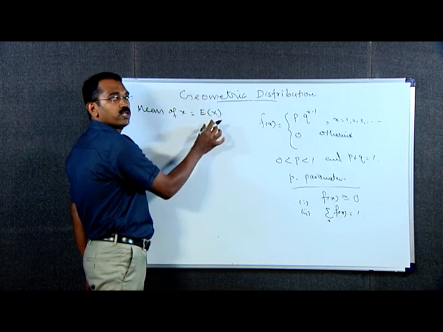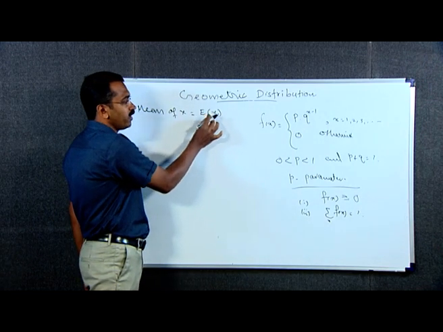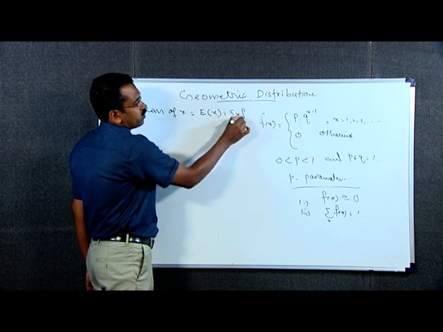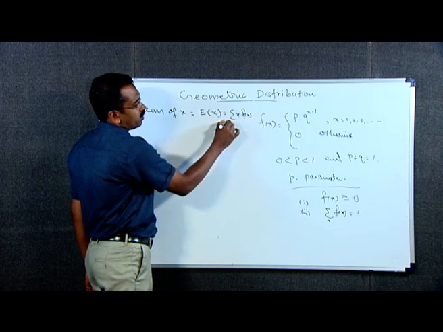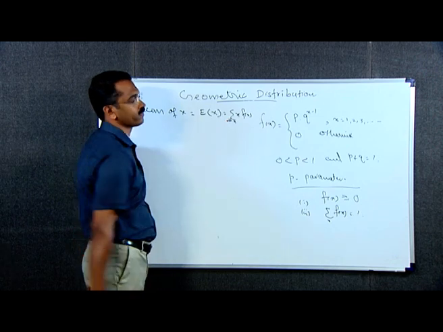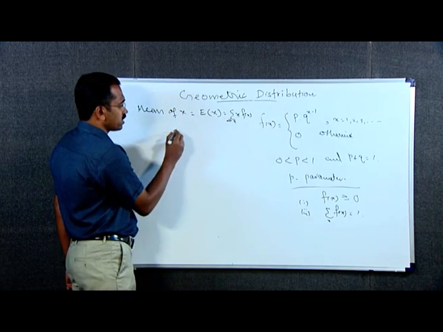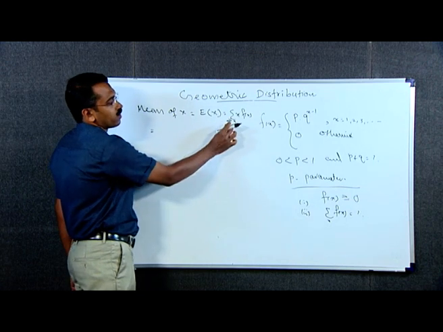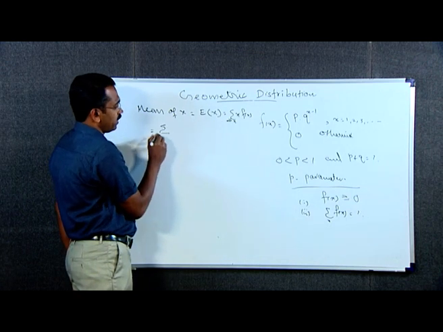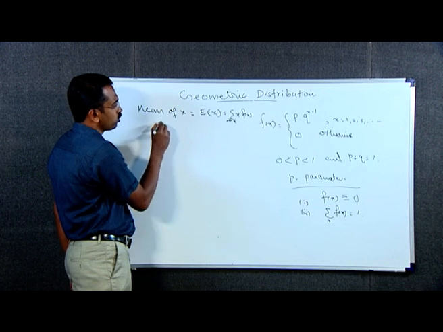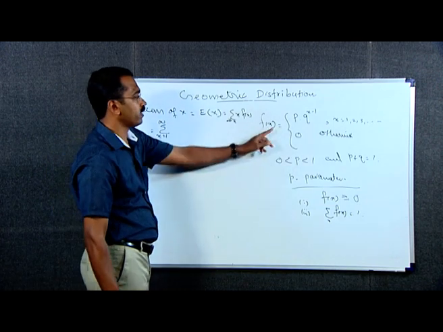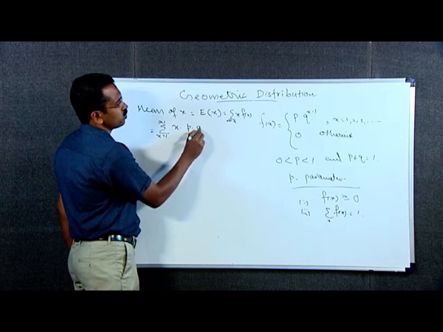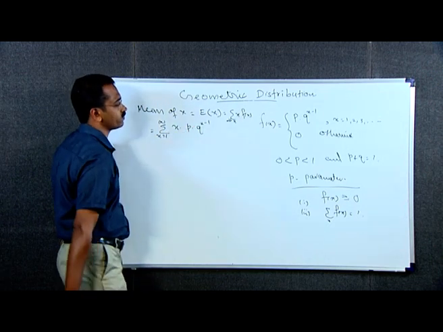Therefore, by the definition of expectation, E of x is equal to summation x into f of x over all values of x. That is equal to summation x varies from 1 to infinity, x into f of x, which is p into q raised to x minus 1.